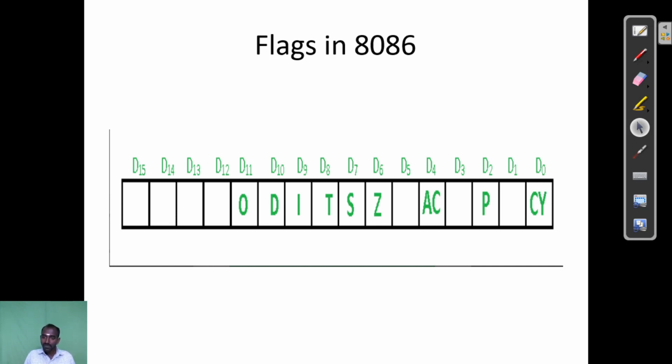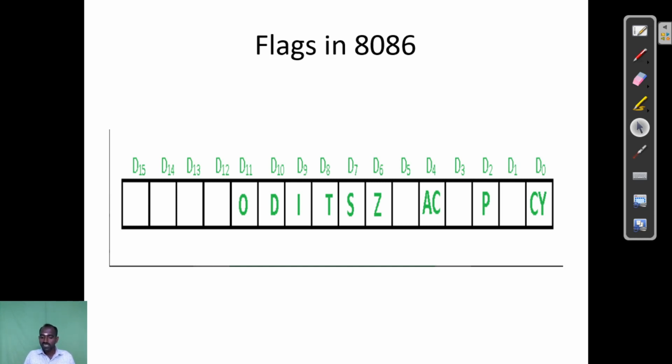Carry flag, parity flag, auxiliary carry flag, zero flag, sign flag, and overflow flag. These 6 flags are affected by arithmetic and logical operations. Clear? The remaining 3 flags, trace flag, interrupt flag, and direction flag, are used to control the processor.